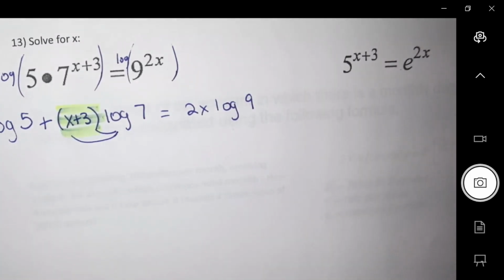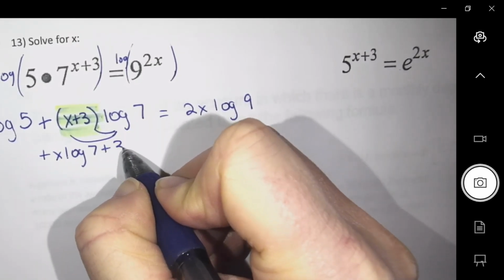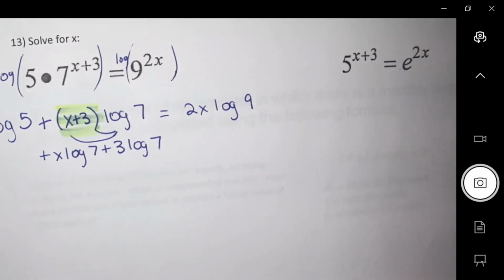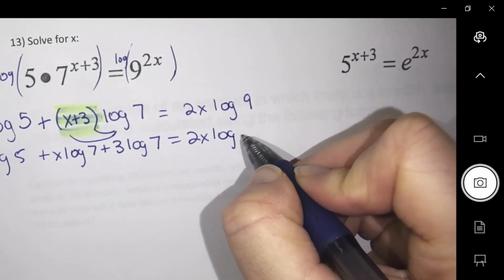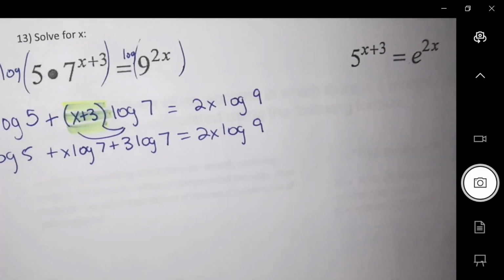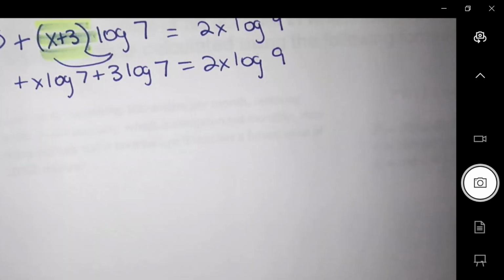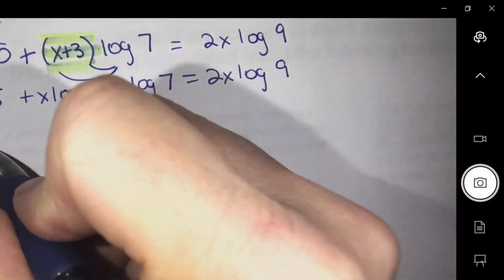Okay, you can distribute the brackets next. Next strategy is to put anything that has an x on one side of the equal and everything that's not x onto the other side.